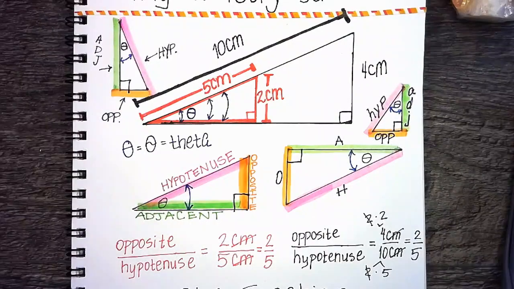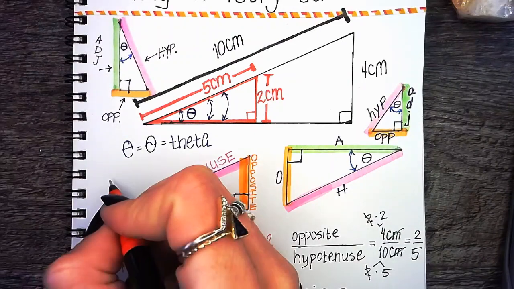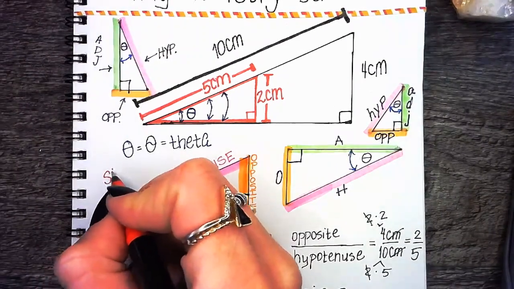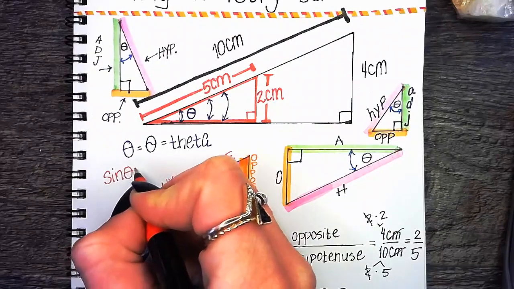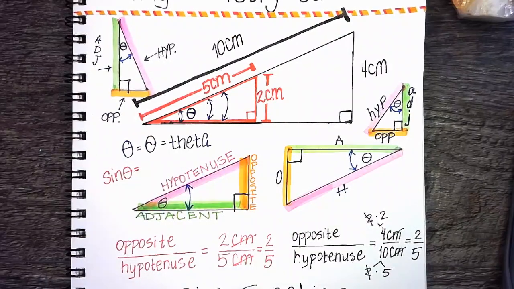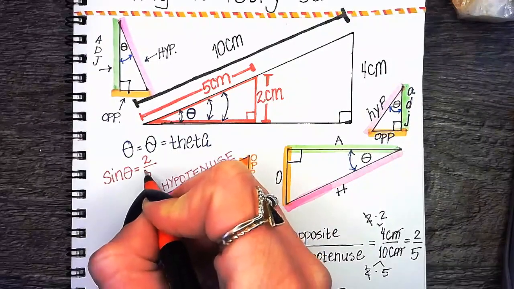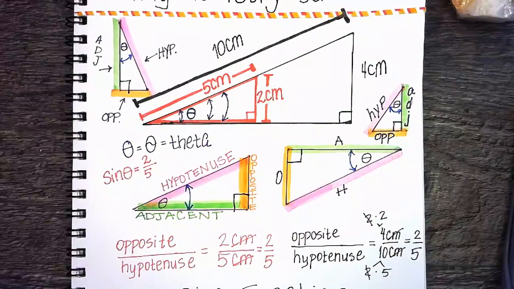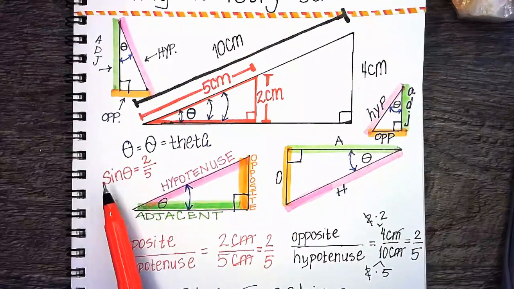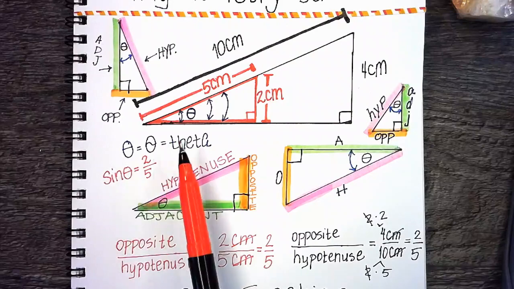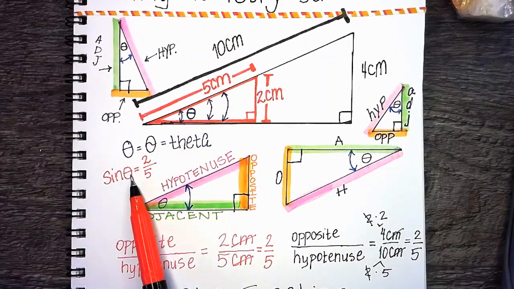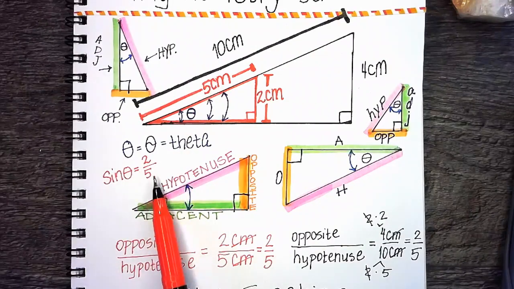Not that it makes any difference, because the black triangle and the red triangle actually have the same sine ratio. An equation I could write down would be sine of theta equals opposite, which is 2, over hypotenuse, which is 5. What that tells me is if I take the sine of the angle, my answer will be 2 over 5 or 0.4 as a decimal.